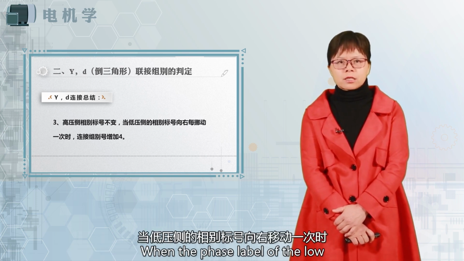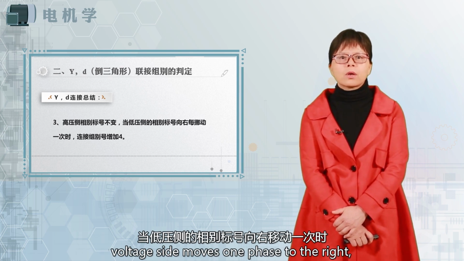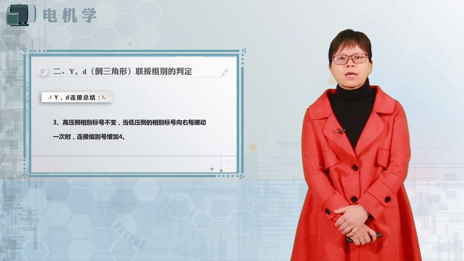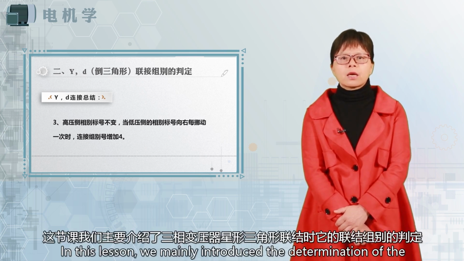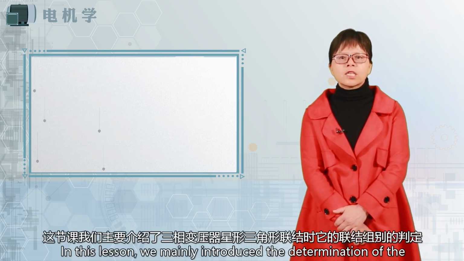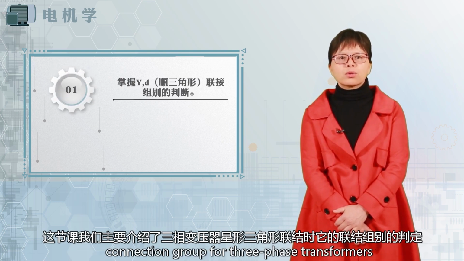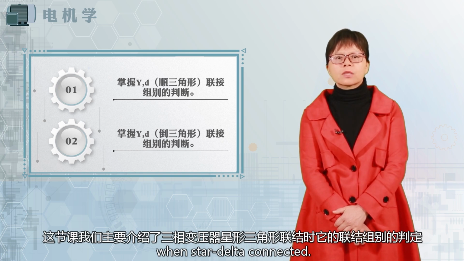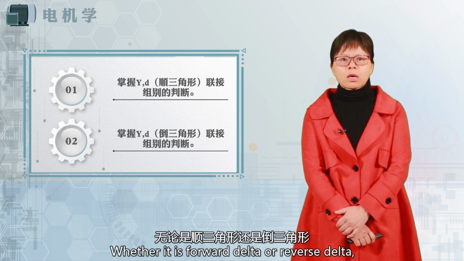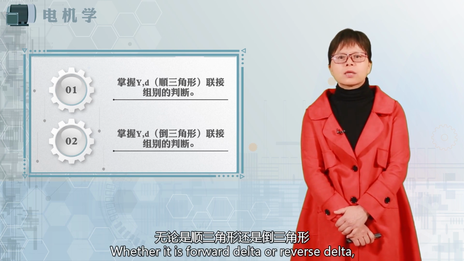When the phase level of the low voltage side moves one phase to the right, the connection group number increases by 4. In this lesson, we mainly introduced the determination of the connection group for three-phase transformers when star delta connected, whether it is forward delta or reverse delta.